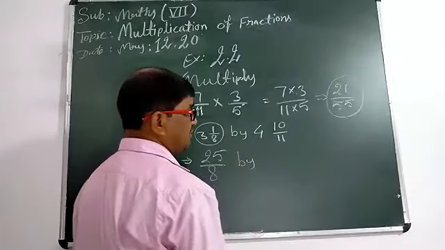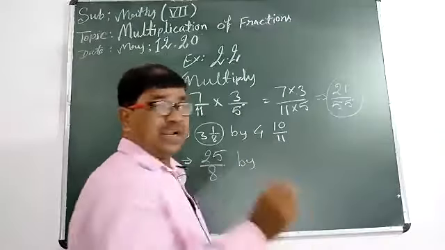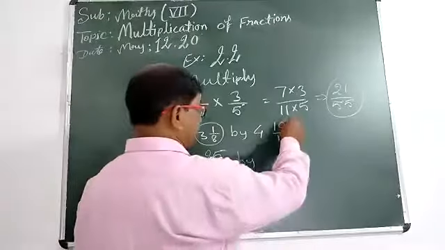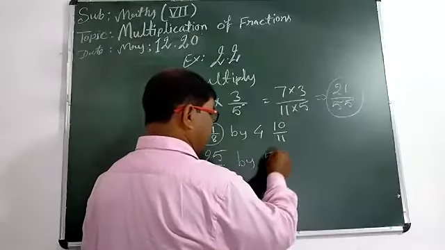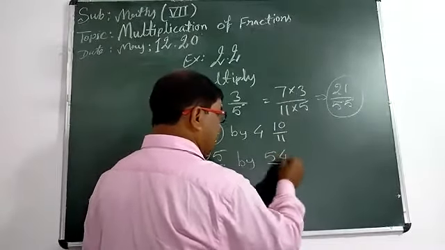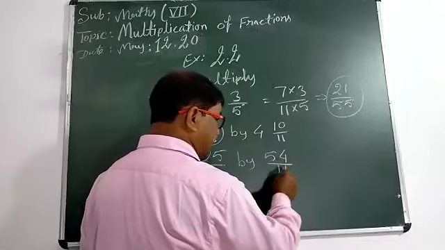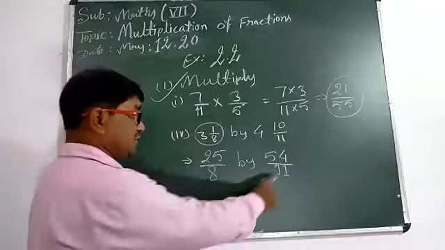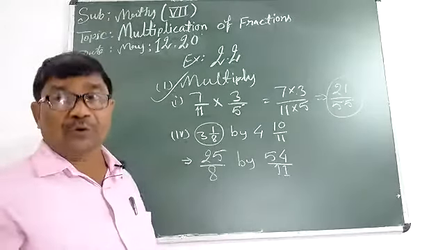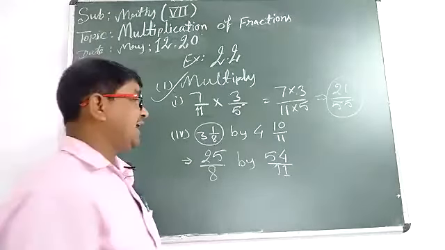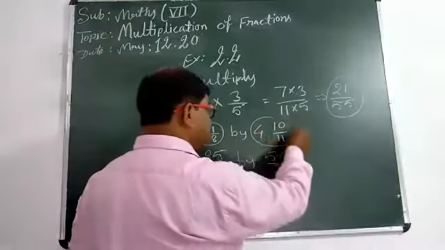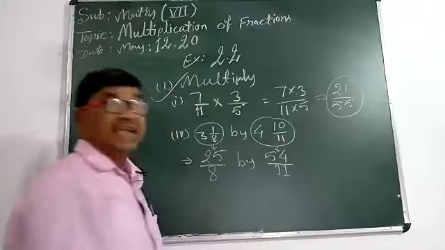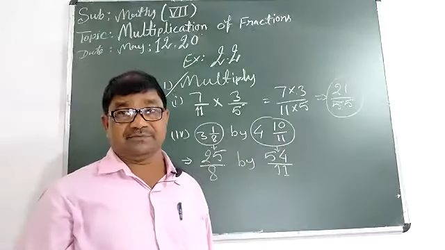By 4: 11 4s are 44 plus 10 is 54. So 54 upon 11. This is also an improper fraction. We have changed these two mixed fractions into improper fractions.